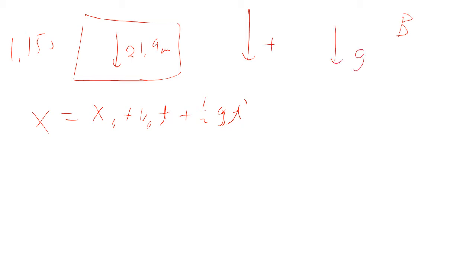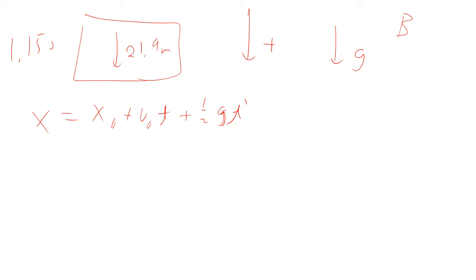Okay. So 1.15 seconds, we know that the distance was 21.9 meters. So x equals x naught plus v naught t plus 1/2 g t squared. I'm going to say that down is positive. We know the acceleration is down. Okay.